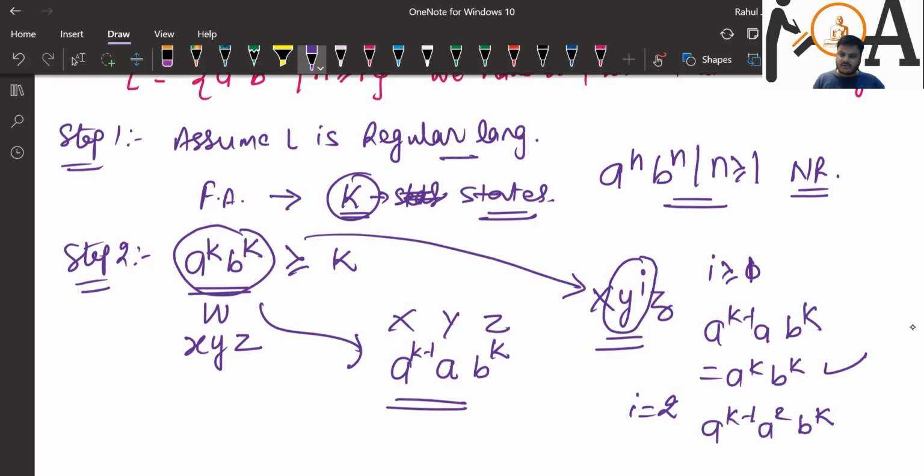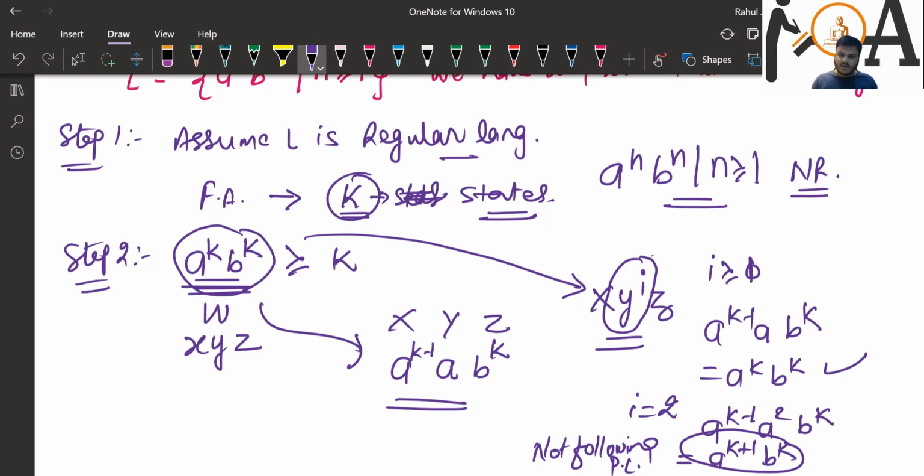If I put I as 2, what is the resultant string? It is a to the power k plus 1 and b to the power k. But this string is not part of my language, isn't it? This string does not belong to my language. Thus I can say that it is not following the pumping lemma. If it were following the pumping lemma, then on repeating Y I many times, it must still be accepted.